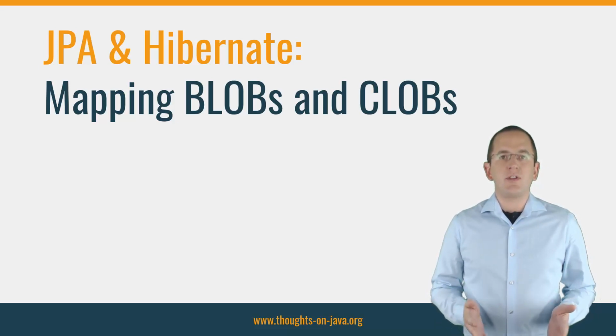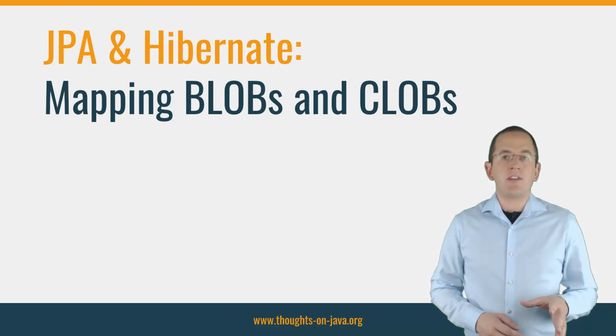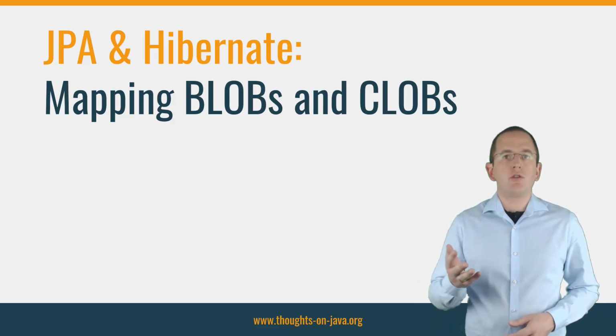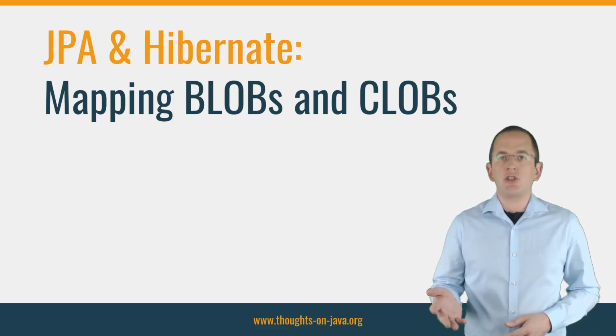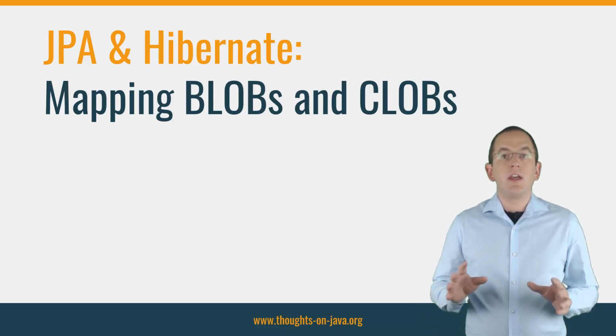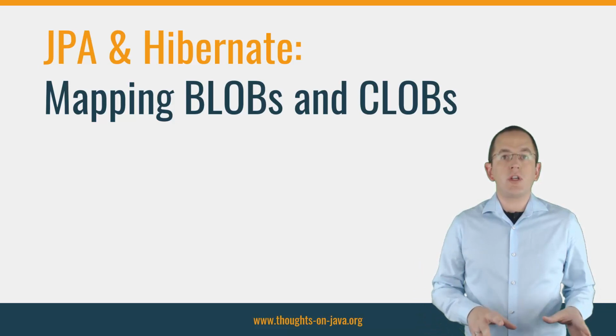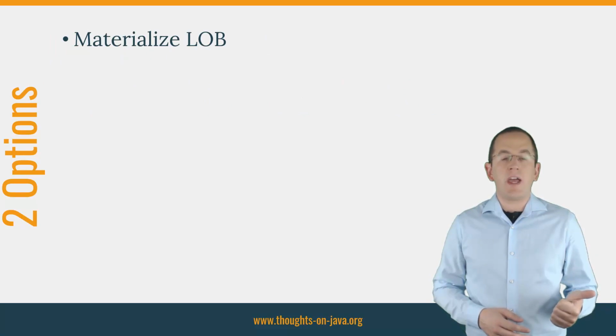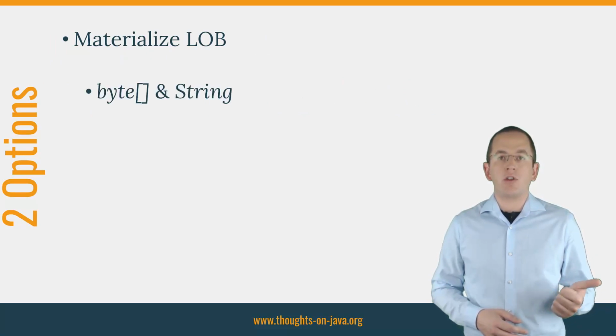Okay, let's dive into today's topic. Databases use the data types binary large object, aka blob, and character large object, aka clob, to store large objects like images and very long texts. JPA and Hibernate provide two kinds of mappings for these types. You can choose if you want to materialize the lob and map it to a byte array or a string.